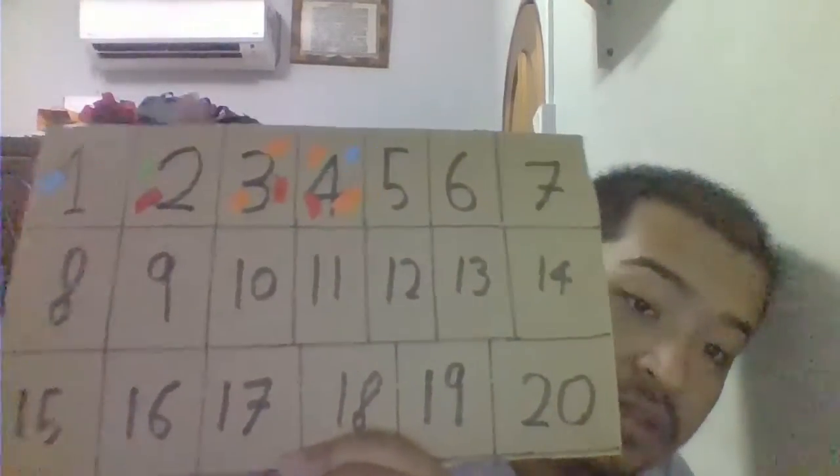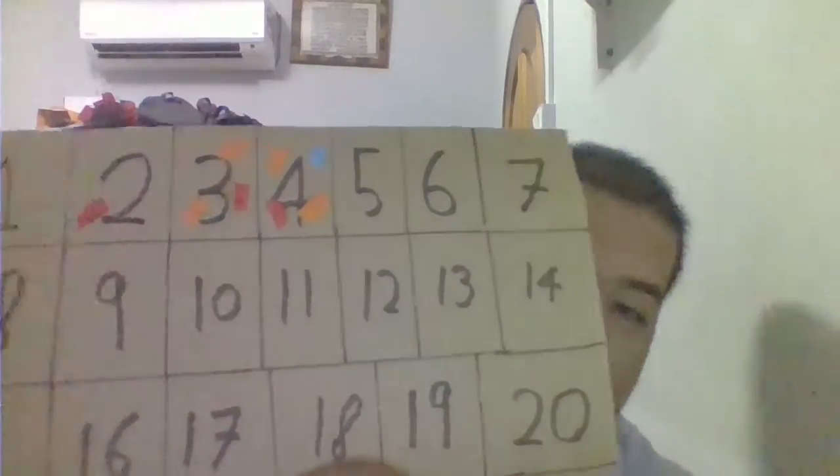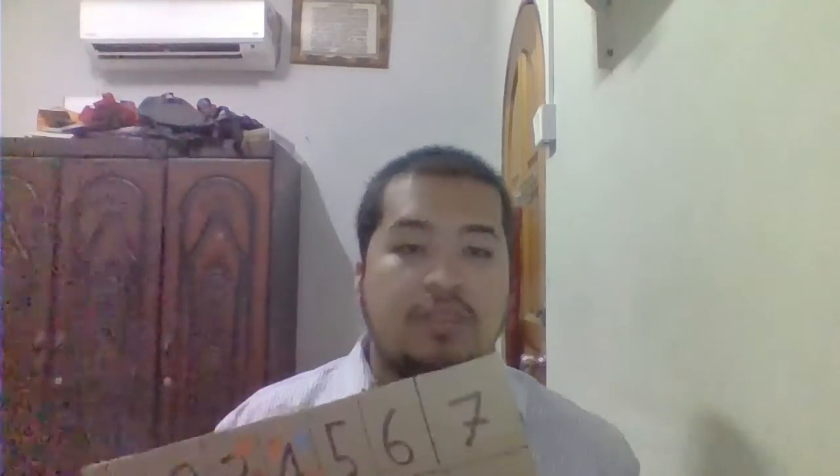This is to make sure the children know the pronunciation of the numbers. After they have pronounced all the numbers up to 20 correctly, we will take the next step.